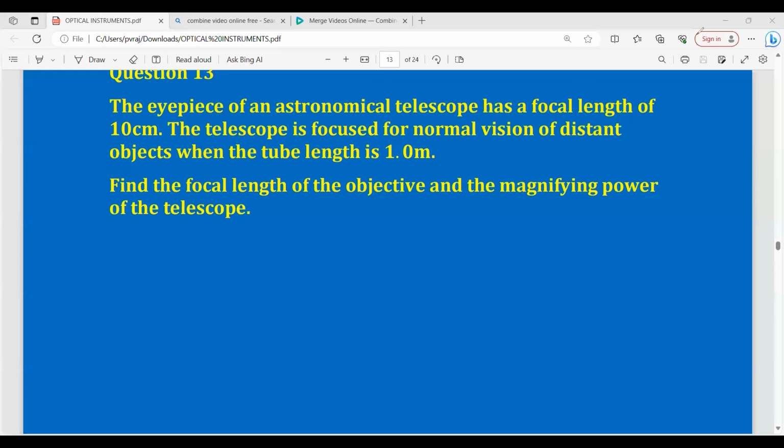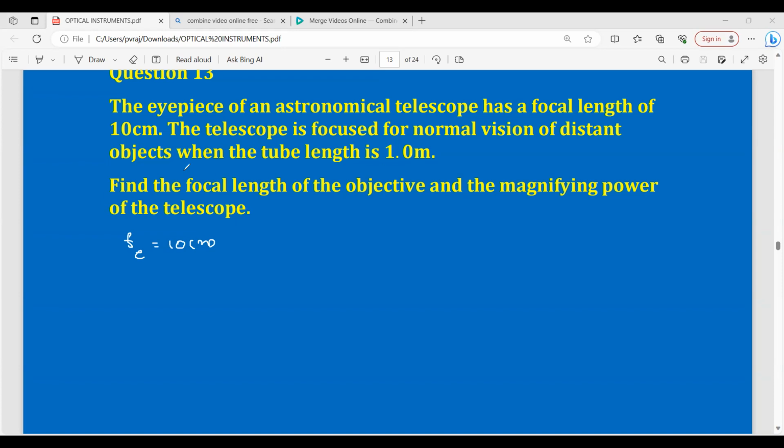The eyepiece of an astronomical telescope. This question is also based on the astronomical telescope. It has a focal length of 10 centimeters. First, I will write here the focal length of the eyepiece. That is, focal length of the eyepiece is 10 centimeters. The telescope is focused for normal vision of distant objects.